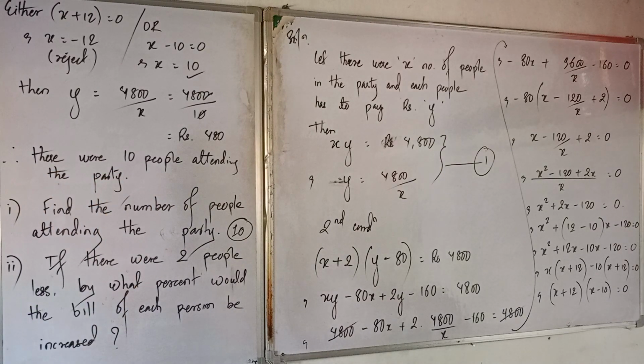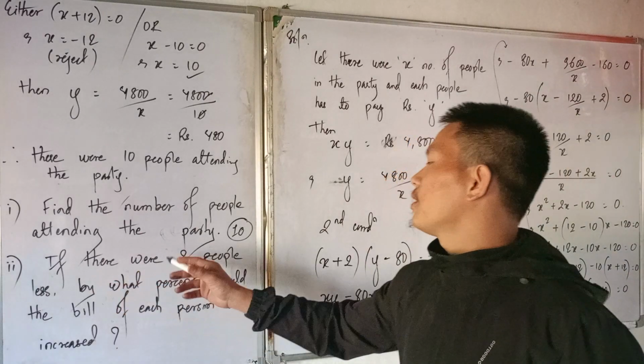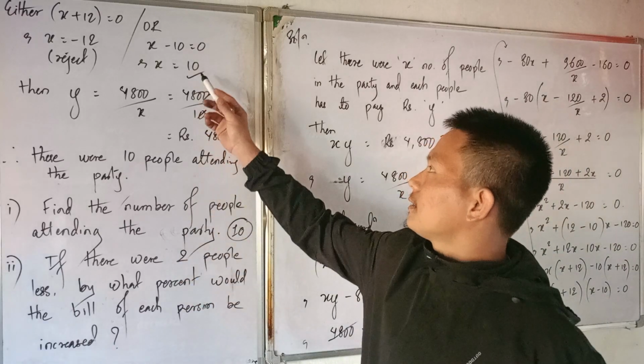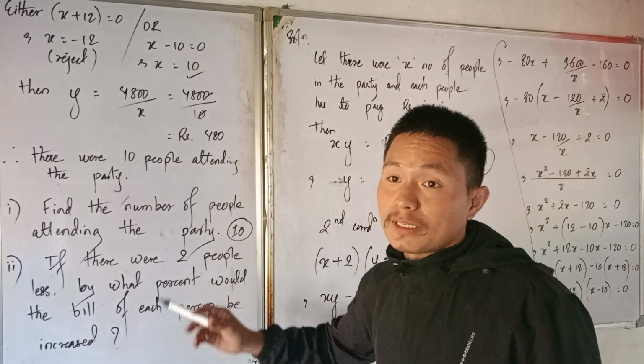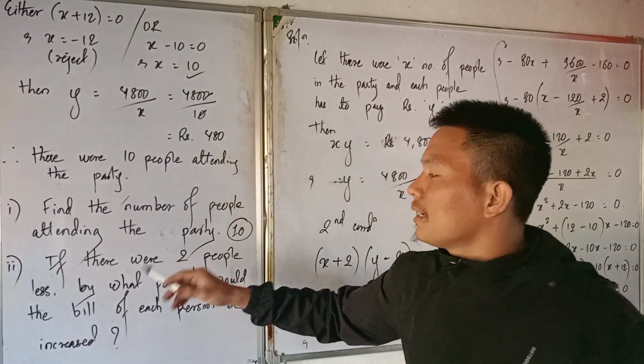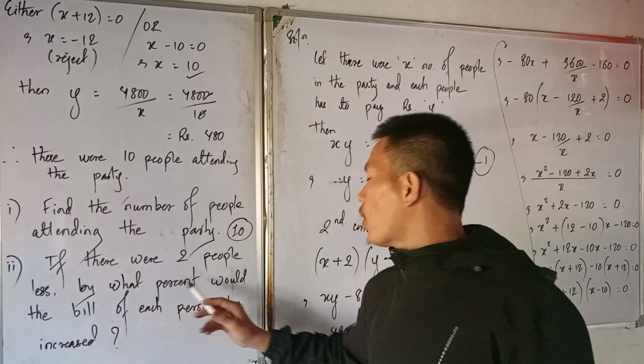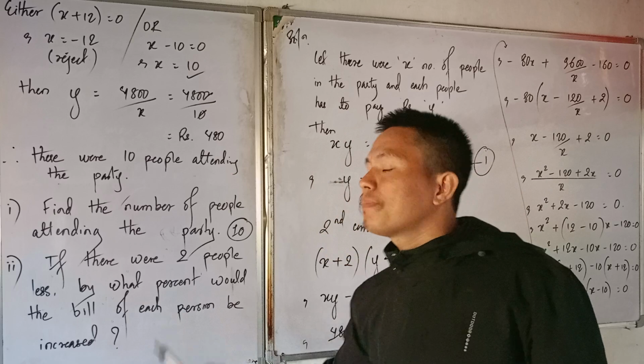Now come to the number ii question. You can see there, if there were 2 people less, so the condition is given. If there were 2 people less, then there were actually 10 people, and if there were 2 people less, that means 10 minus 2. If there were 8 people, by what percent would the bill of each person be increased?